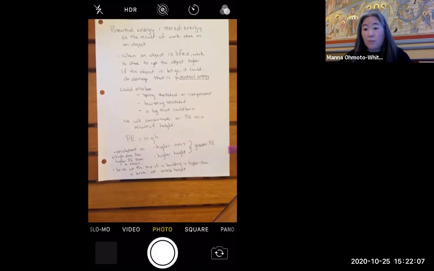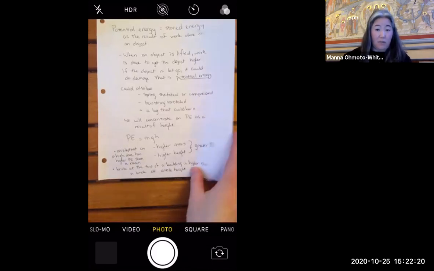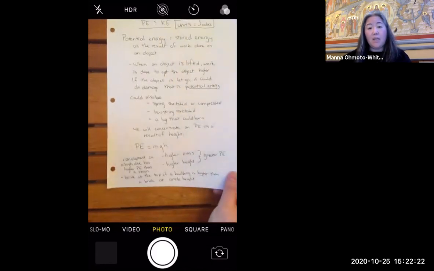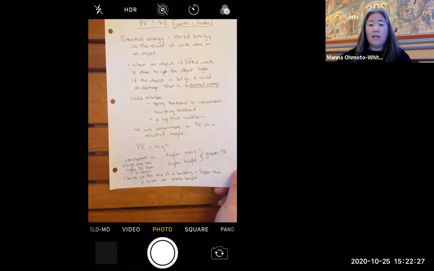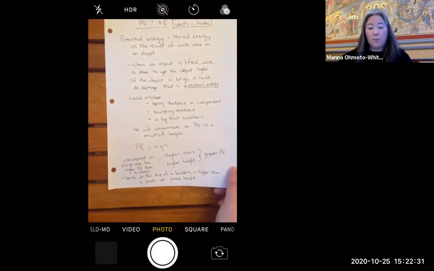If one dropped on your foot, the brick from the top of the building would definitely do more damage to you than one that dropped from ankle height. Similarly, if a raisin fell from a high dive onto you, it wouldn't do nearly as much damage as if an elephant fell from a high dive onto you. So that's potential energy. Nothing's happening yet, but it has the ability to do work or damage to you.